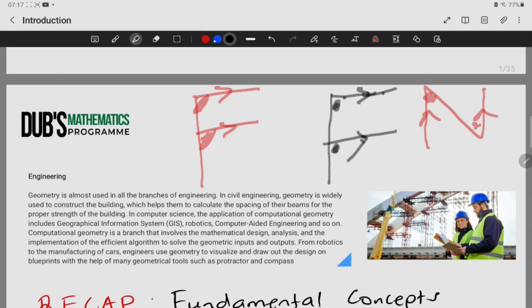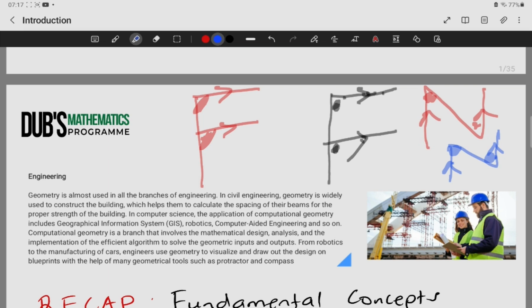Now suppose that I just give you an N like that, and I say these angles between this Z or N are equal. You should conclude that these two lines are parallel because this is the converse of the alternate angles. So we use this a lot when you are asked to prove that two lines are parallel.